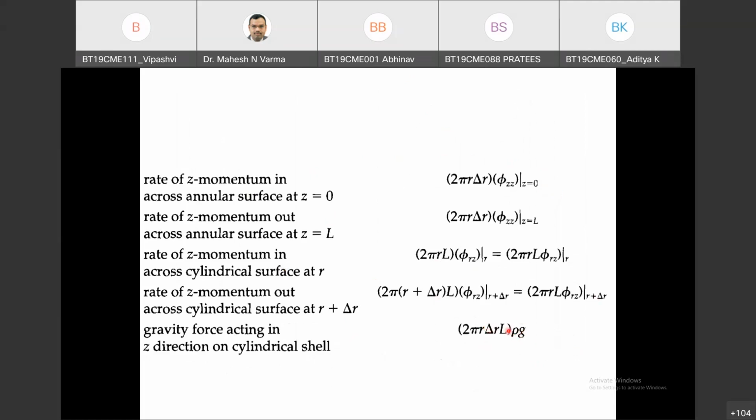Only here, instead of g, what will be your force due to acceleration of gravity in this case? The gravitational force acts in the z direction, or in the direction of flow.